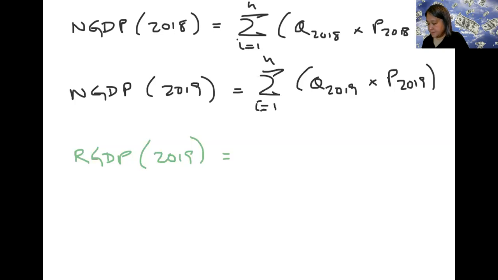Anytime you're calculating real GDP, you will need a base year, or else you're not going to be able to figure out the calculation. So we're going to look at figuring out 2019 and using 2018 as the base year. Whoops, not 2180, but 2018 is our base year.